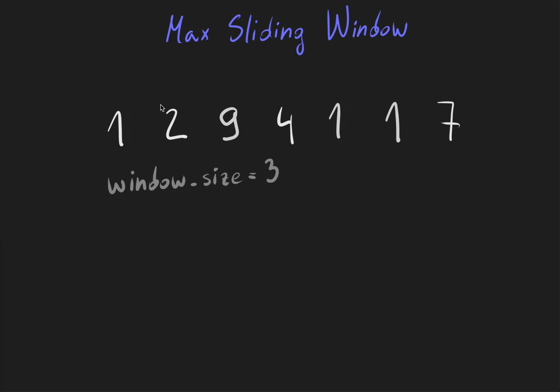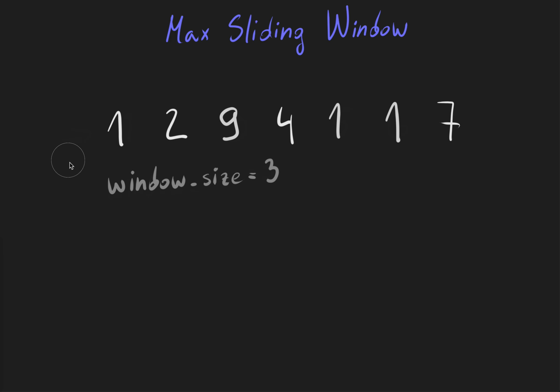This coding challenge is called max sliding window. What we need to construct is a function that accepts two arguments. The first argument is an array of integers or numbers, and these numbers can be either positive or negative.